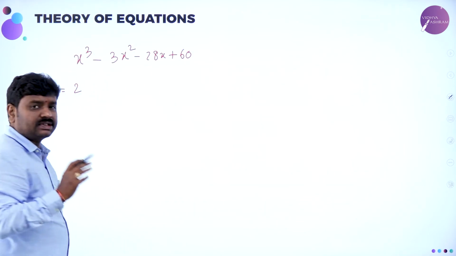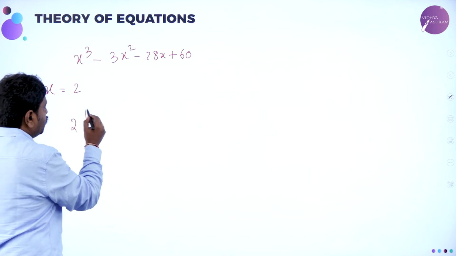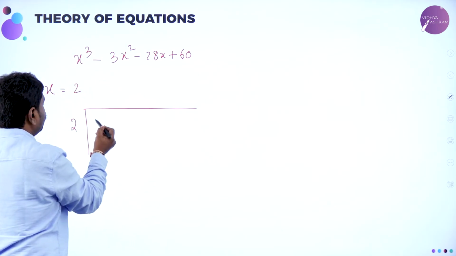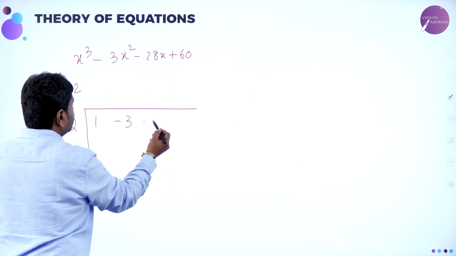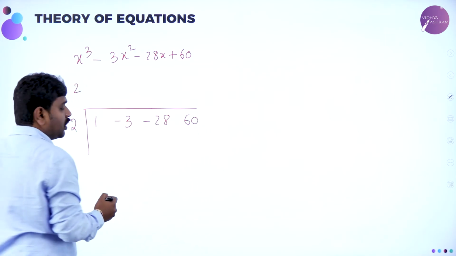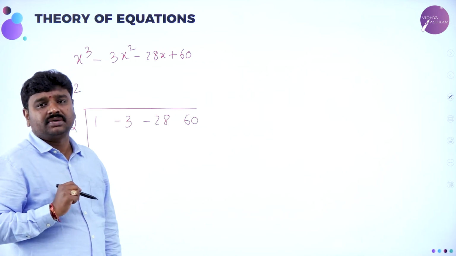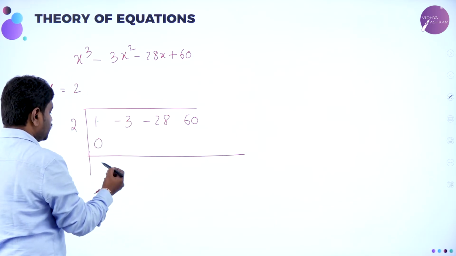So now what is synthetic division? First you write the multiplier outside. Then you write the coefficients. What is the coefficient of x cube? 1. Then write the coefficient of x square, minus 3. Then write the coefficient of x, minus 28. Then write the constant, 60. Now always add 0 to the first number. If you add 0 to the first number, 1 plus 0 gives you 1.